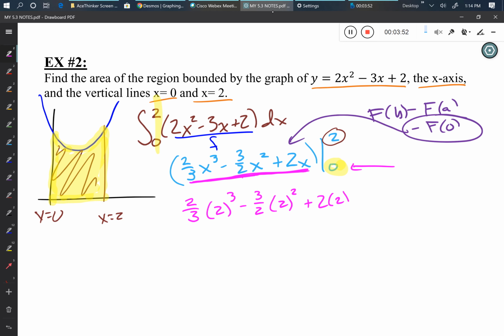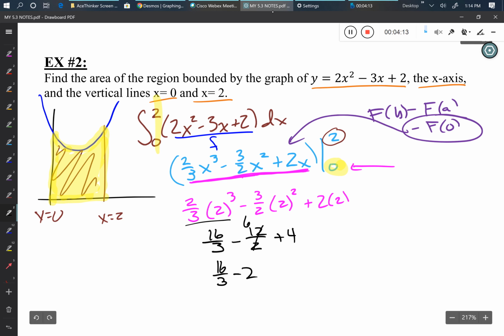Let's see, 2 cubed is 8. So working on the first term, 2 cubed is 8, which gives me 16/3, minus 2 squared is 4, so minus 12/2, plus 4. 12/2 is 6, so I have 16/3 minus 2, which is 10/3.